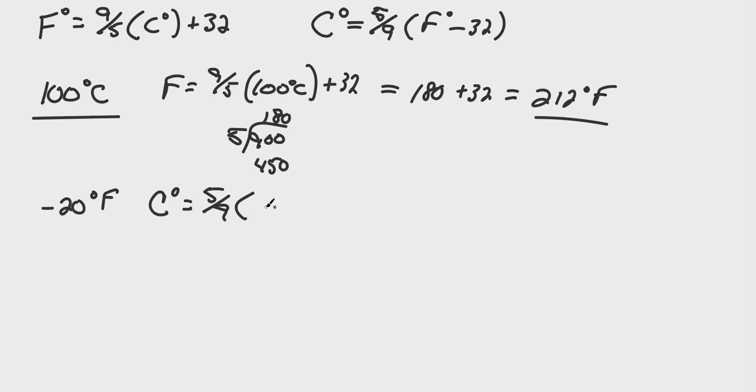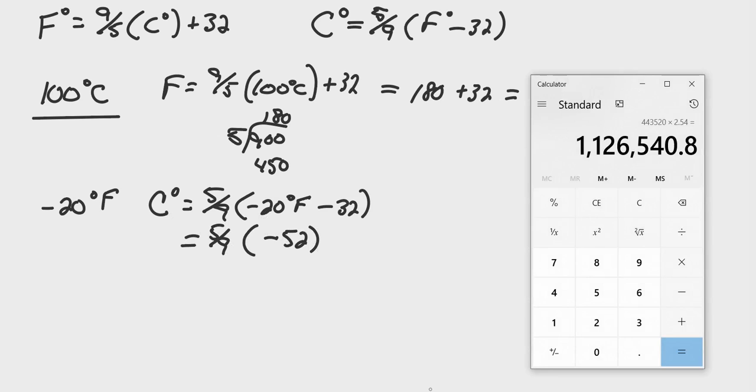So let's start with our degrees Celsius equals 5/9 times our degrees Fahrenheit, negative 20 degrees Fahrenheit, minus 32. Okay, so let's break this down a little bit. So minus 20 minus 32 is minus 52 times our 5/9. So let's use a calculator here. Sometimes when you do simple math it's hard to do it in your head.